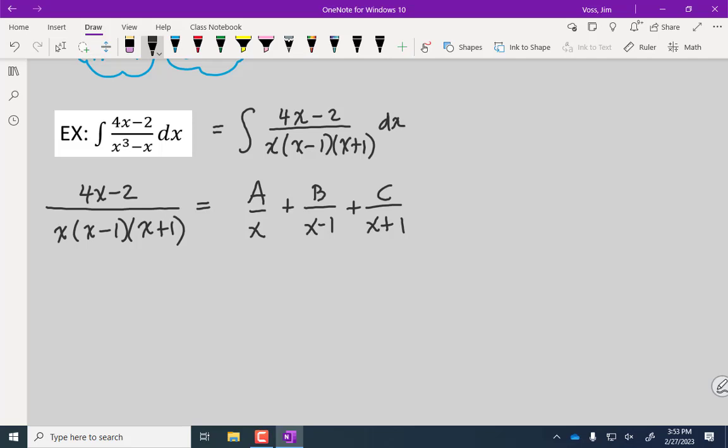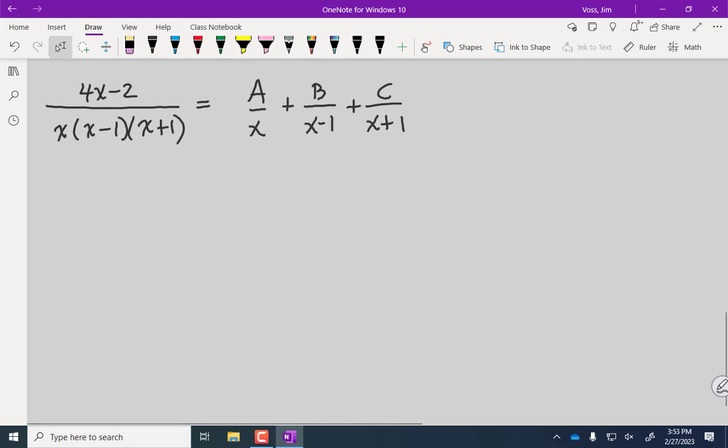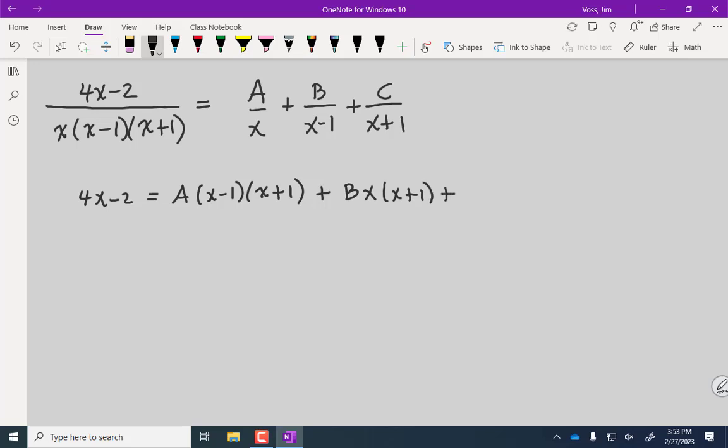Now let's create our PFD equation. Multiply both sides by the left denominator. So when you multiply both sides by that denominator, you get a whole bunch of cancellation. And that's our PFD equation.